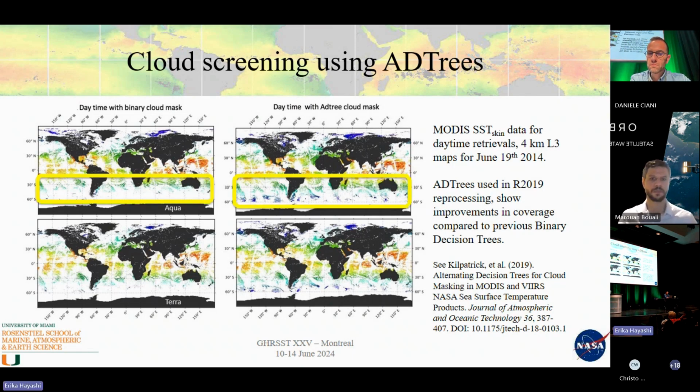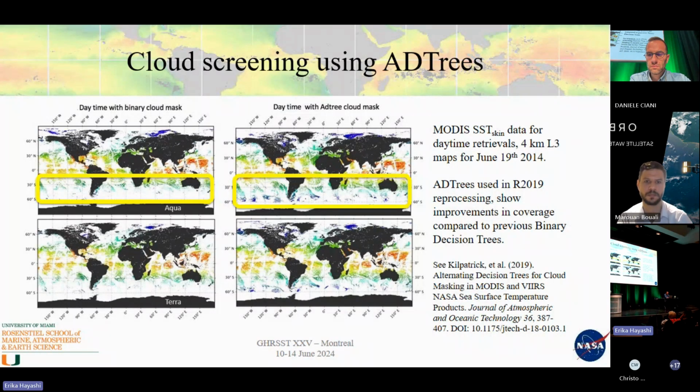So that did introduce improvements over here: binary tree, alternating decision tree. The other benefit of the alternating decision tree is that a pixel or a group of pixels can fail one test, but if that test is not weighted very highly, it still leads to a cloud-free cluster of pixels being determined.